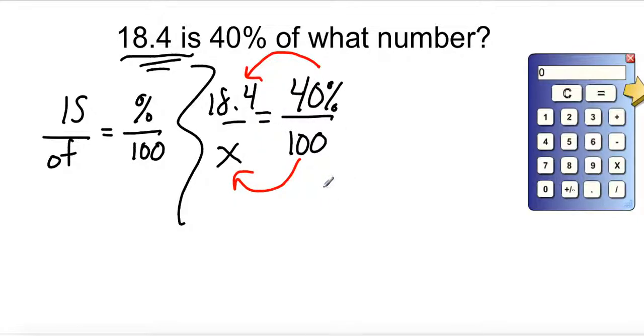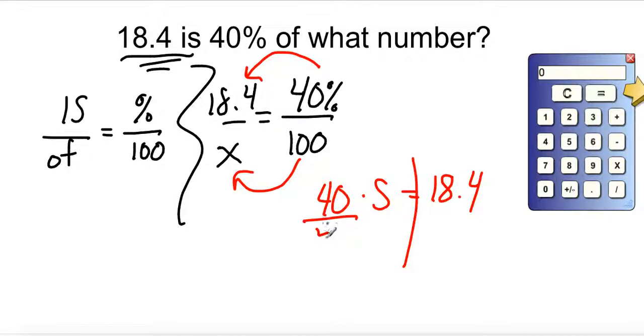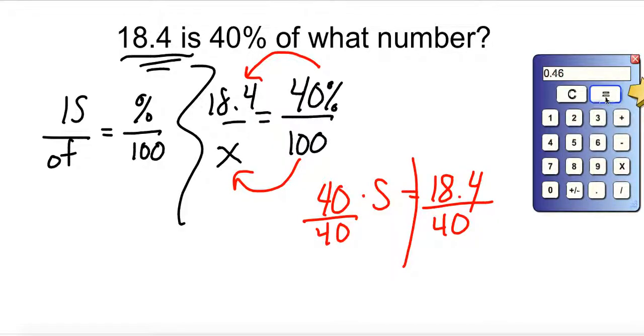And so in this example, I'll have 40 times s equals 18.4. I divide by 40 on both sides so that I can isolate my s. And I'll have 18.4 divided by 40, and that gives me a scale factor of 46 hundredths, or 0.46.